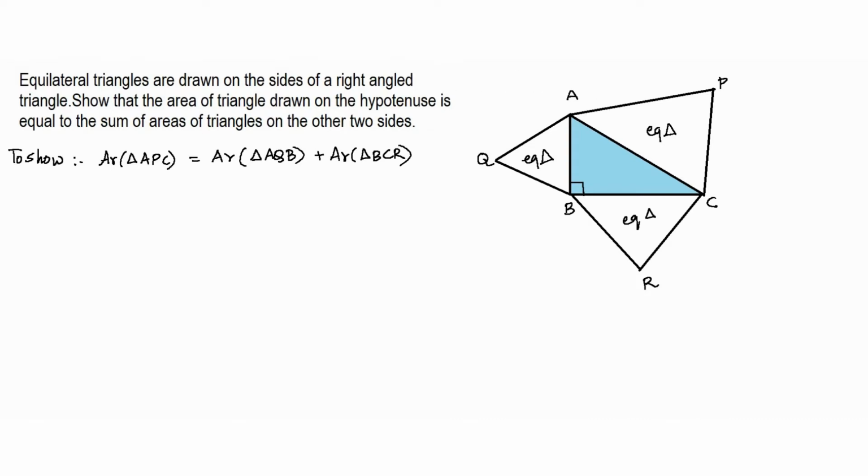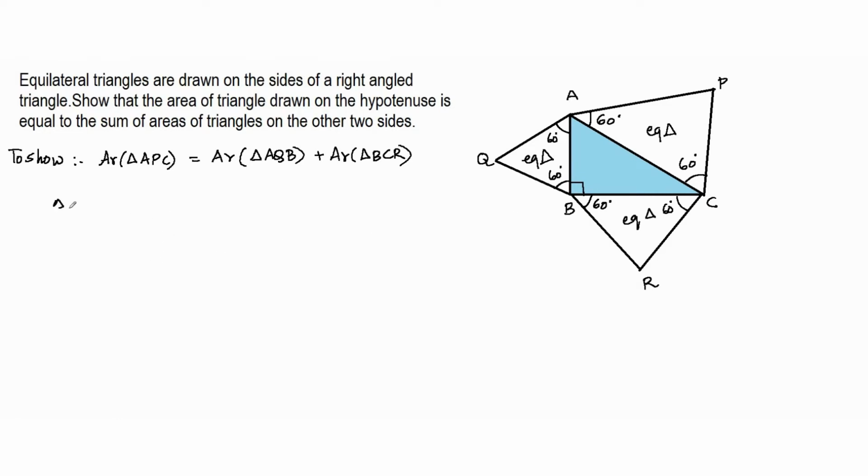So please note that all these triangles are equilateral, which means that all angles in these triangles are equal to 60 degrees, right? So all the angles are 60 degrees. And therefore, I can say that all the three triangles are similar to each other, correct?